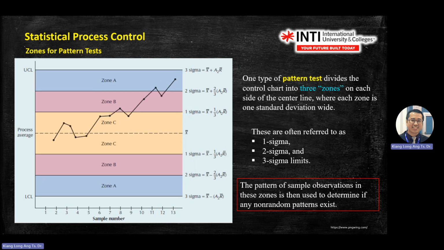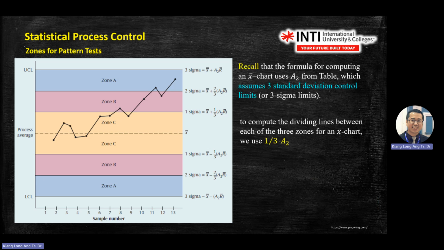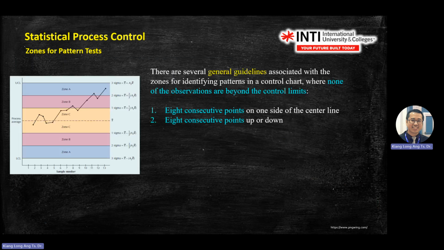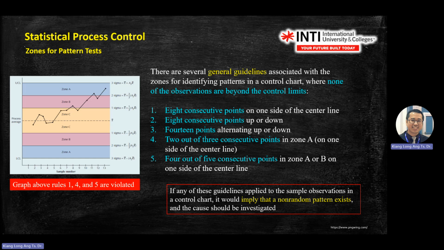Since you already took the module earlier, I won't go deep into the explanation anymore. This slide is important. It helps you identify whether it is in control or out of control. There are 5 criteria. You break into different regions. If 8 consecutive points are on one side, out of control.